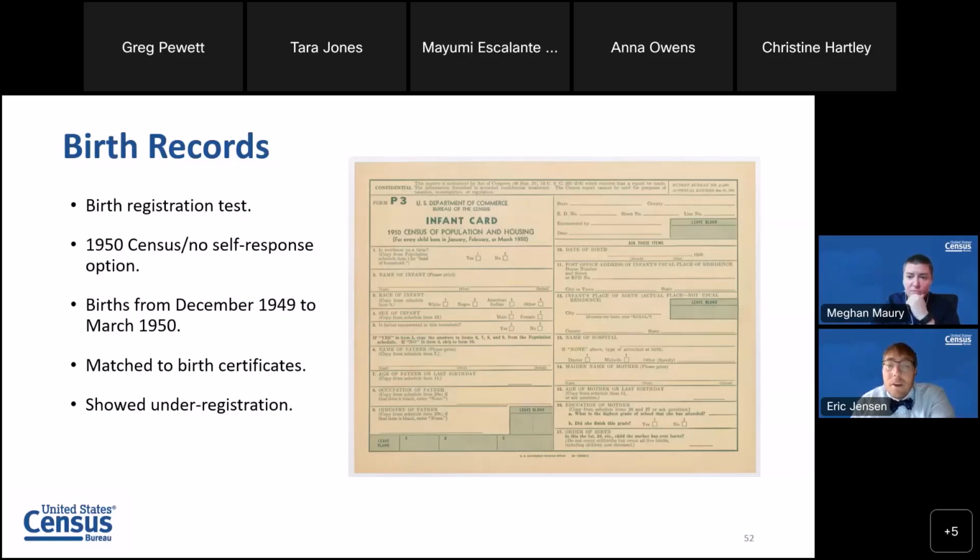For instance, the birth year, the birth month, time of birth, birthplace, information about the parent's age, nativity, resident status, race and ethnicity, even information about the parent's education level, whether the child has siblings, some health information about the parents and the child, information about the labor and delivery. For our population estimates, we only use some of this information.